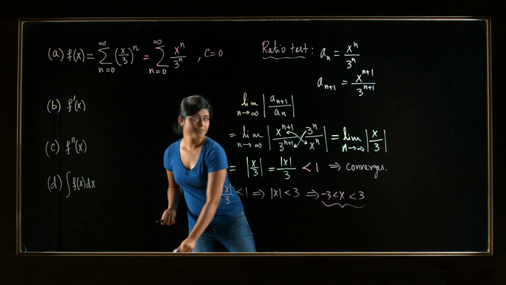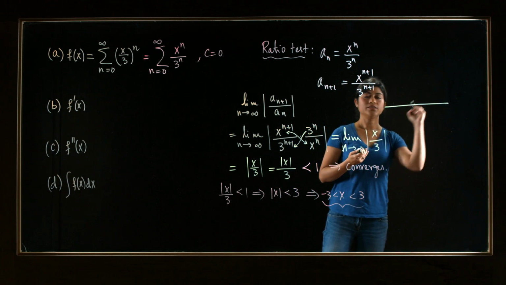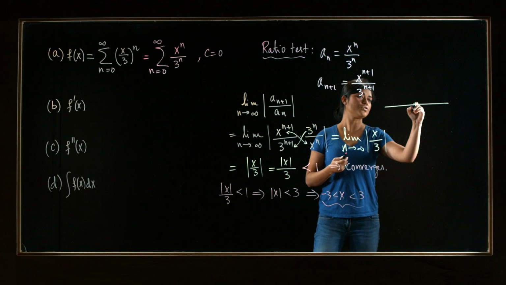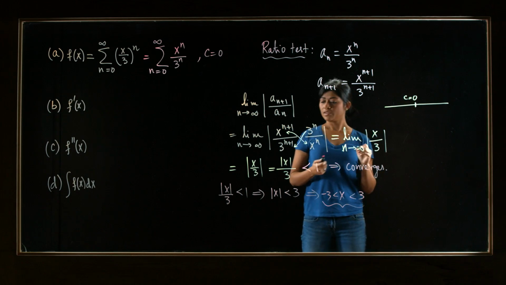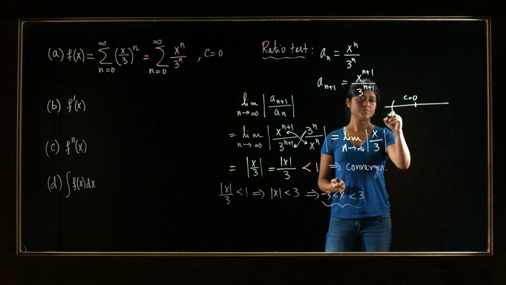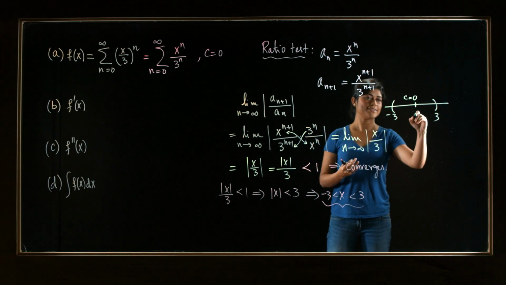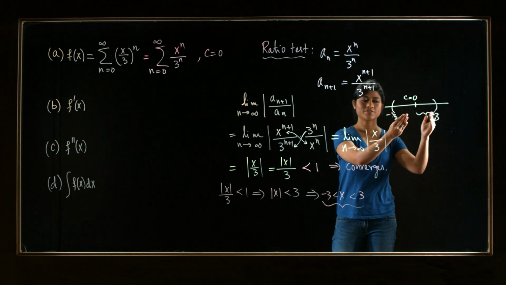And therefore, let's figure out what the radius is going to be. On the number line, the center of this function is 0. So 0 is the center, right? And the interval is between negative 3 and positive 3. So what is the radius? It's half the length of this interval, which is 3 units.